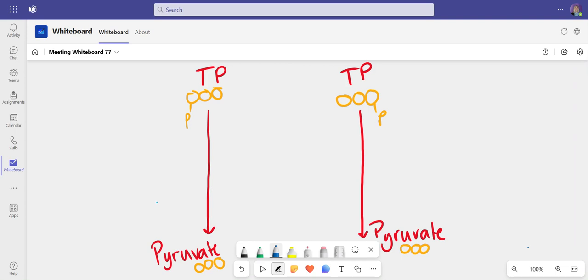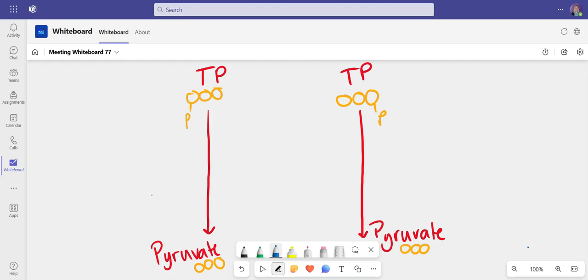So what happens is that we're going to move some hydrogens around. So the molecule we're going to use for this is called NAD. So NAD is what we call a coenzyme or an electron acceptor or a hydrogen carrier because it carries hydrogens around.